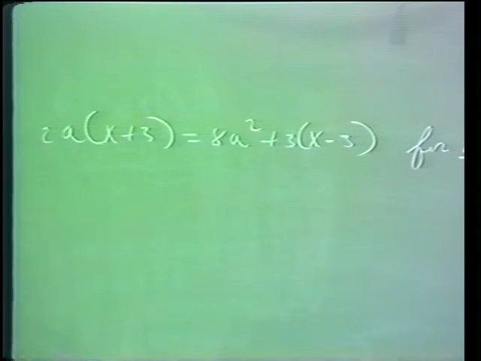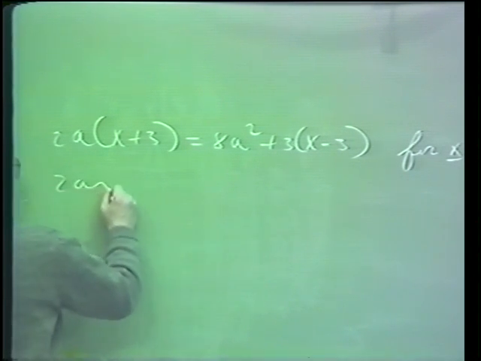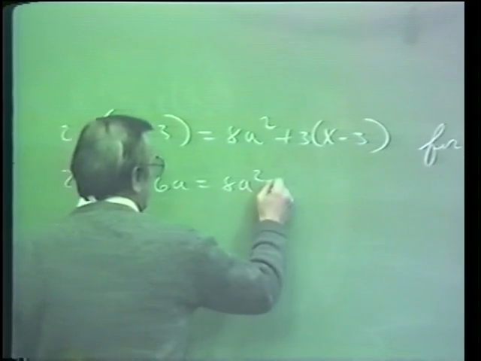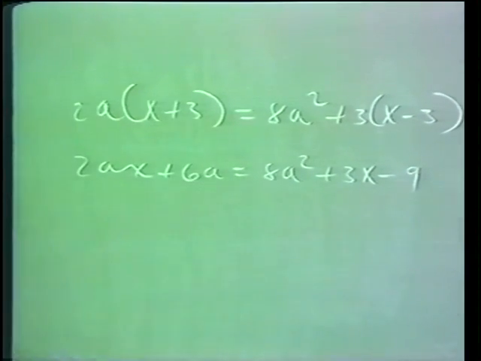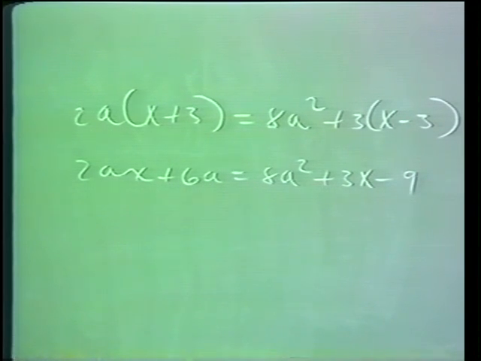First step says clear fractions. Well, we don't have any fractions. Second step says clear parentheses. Well, we have parentheses. We have 2ax plus 6a is equal to 8a squared plus 3x minus 9. We have cleared parentheses. Step 3 says combine like terms on each side of the equation.